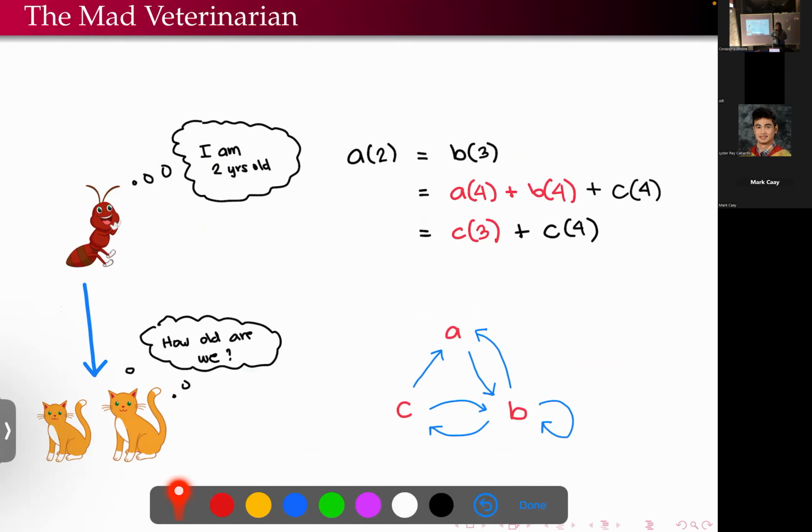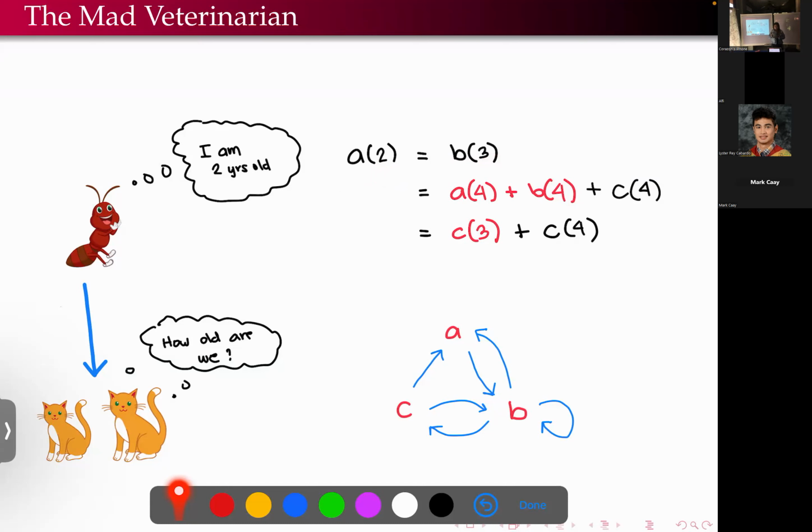What we would do, for example, let's just work in the graph monoid sense for the meantime, but later on we will define another monoid. Let's say I have A, and let's say that's 2 years old because I have an ant of 2. So that's going to be B of 3 because A goes to B, and I'm just going to increase 1 to this index 2, which is now going to give me 3.